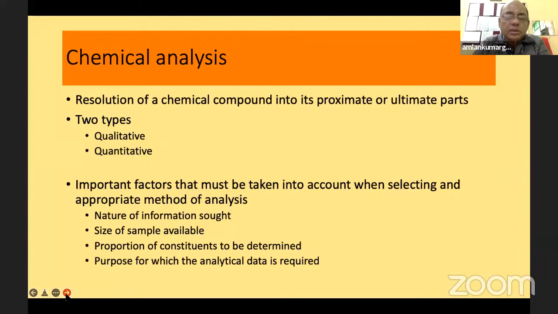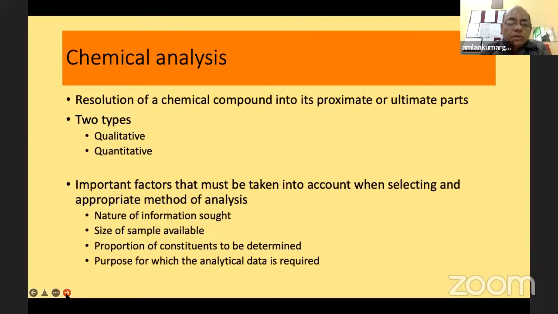And the things that we should take into consideration before going for any analysis are: what is the information that is sought, what is the sample size available, what is the proportion of constituents to be determined, and what is the purpose of this analysis? If somebody gives you a sample from Mars, you know that you cannot destroy that sample because it is a very precious sample.